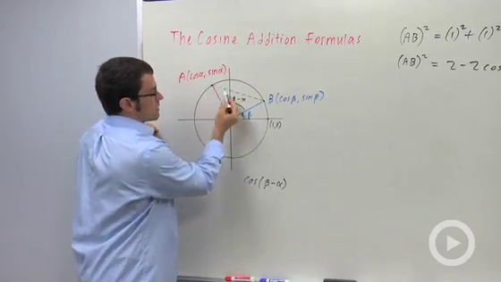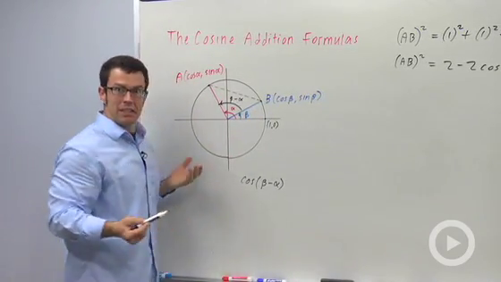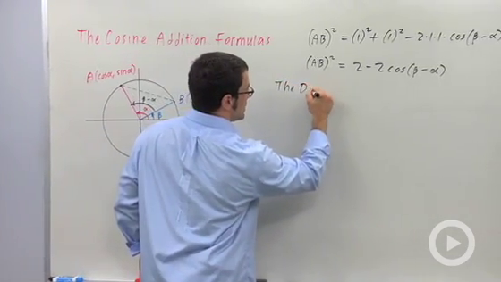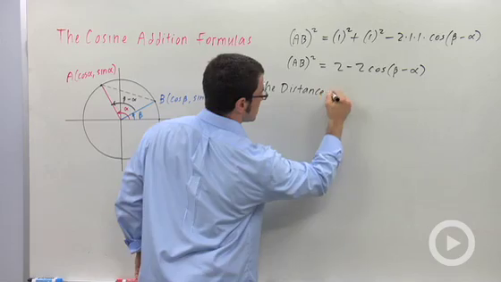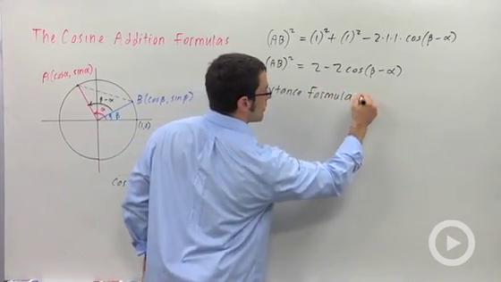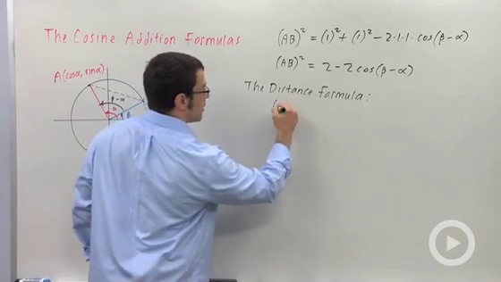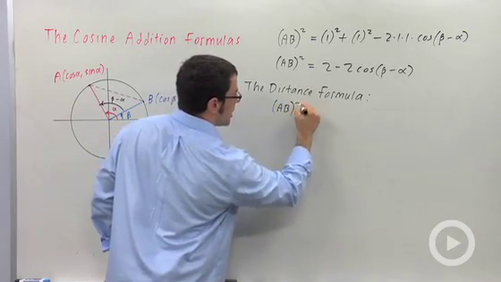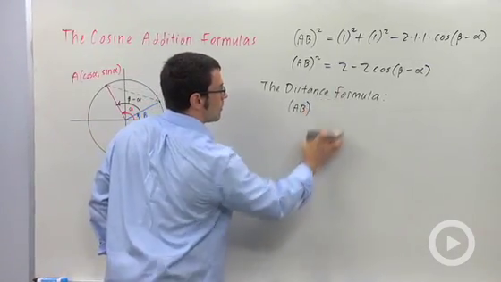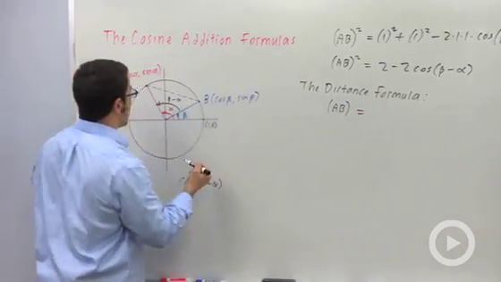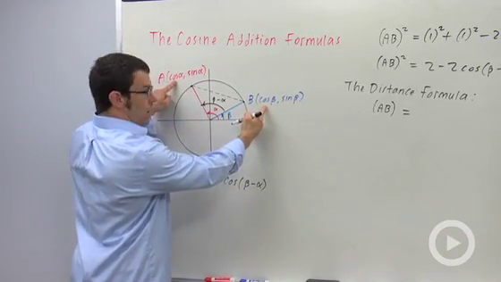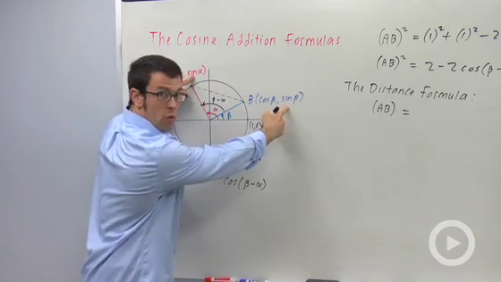I can also find an expression for this distance using the distance formula. Now the distance formula kind of works like the Pythagorean theorem. It's based on the Pythagorean theorem. The distance formula by itself would give me the length AB as the square root of the difference in x coordinates squared plus the difference in y coordinates squared.